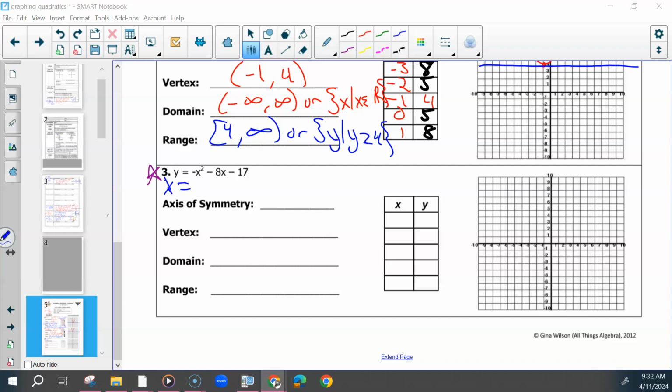X equals negative b, so negative 8, or just 8, over 2 times negative 1. So our axis of symmetry is x equals -4. Go ahead and put that in for all your x values to find y.